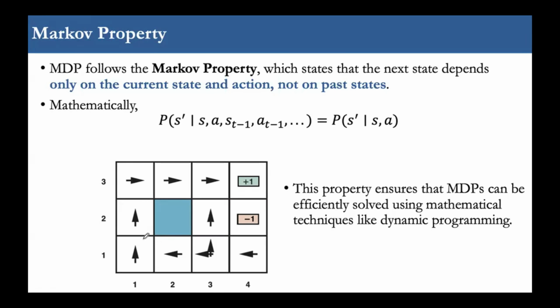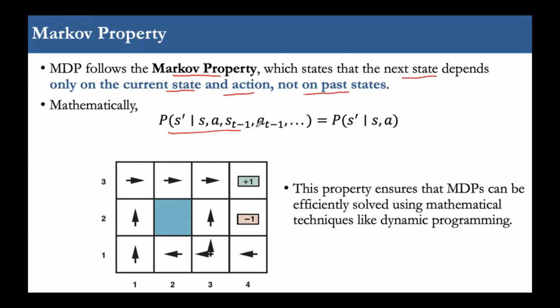Markov property. So what is a Markov property? MDP follows the Markov property. This states that the next state in the environment depends only on the current state and the action. It does not depend on the past states. Mathematically, this is represented as the likelihood probability P of S dash given S comma A. S is the current state and A is the current action performed.